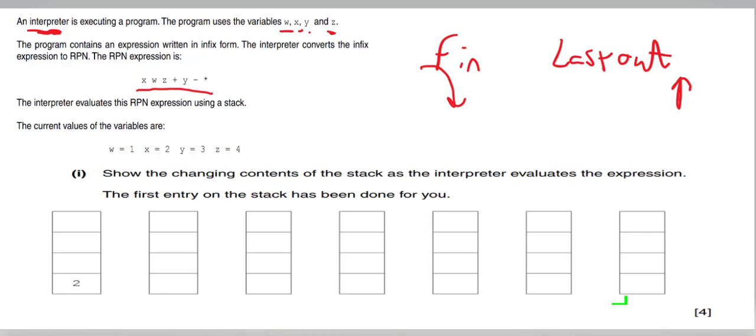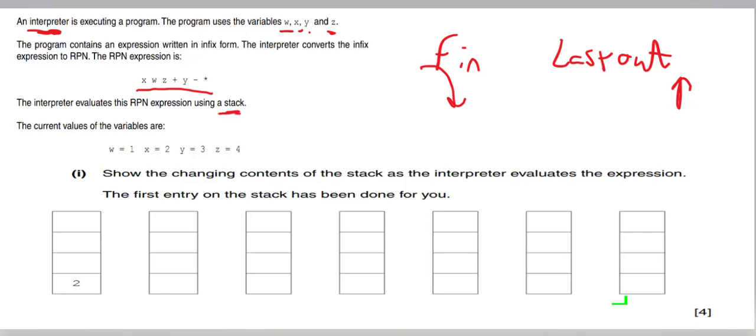The interpreter evaluates this expression using a stack. This is the data. We've got X, which is 2, and it goes into the stack like that. It wants us to show how the stack works with evaluating this expression. So it's basically saying, become an interpreter. Your brain is now going to be working as an interpreter using a stack.